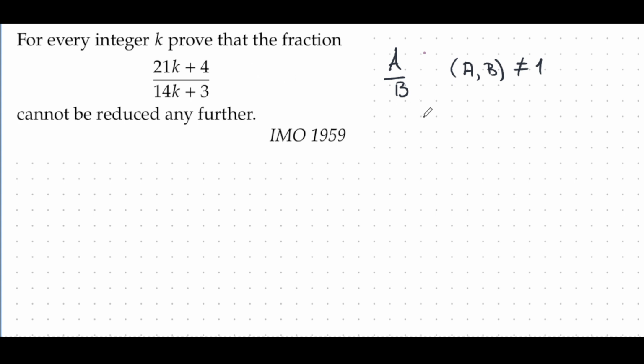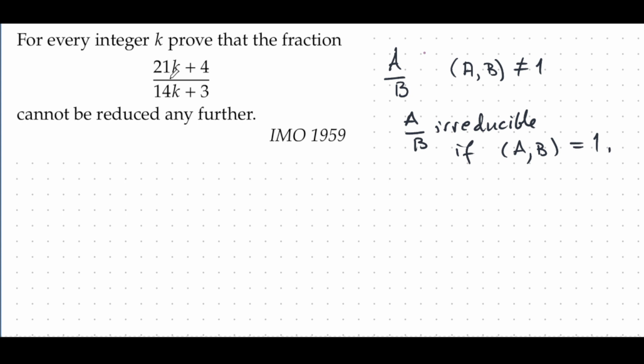So what this is saying is that A over B cannot be reduced. Let's call it irreducible if A and B are coprime, so the GCD of A and B is 1.